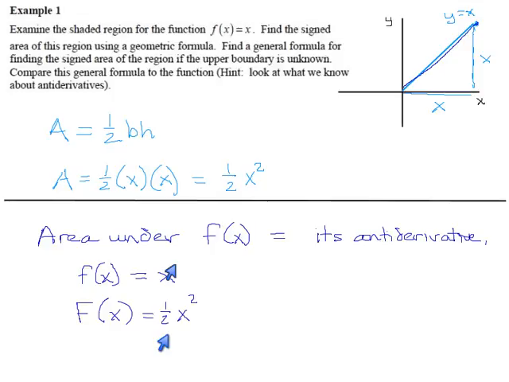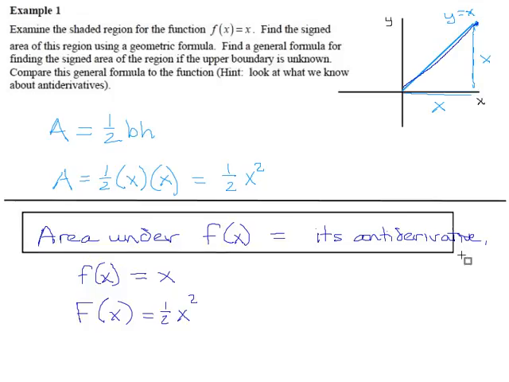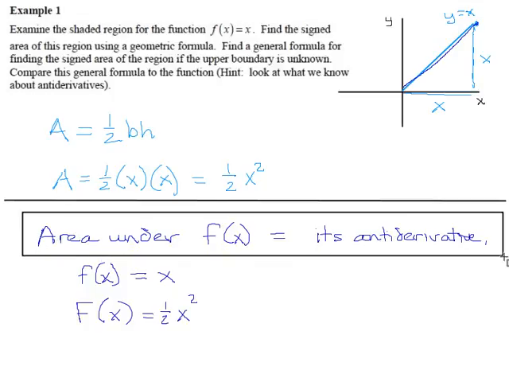And if you've taken physics, you've been told that things like displacement equals the area under a velocity curve, or change in velocity equals the area under an acceleration curve. With this, we're going to be able to find the area under curves no matter how complex their shape is, pretty much, and that's going to do a lot of work for us. So the big message for this first part is that the area under a function equals its antiderivative.